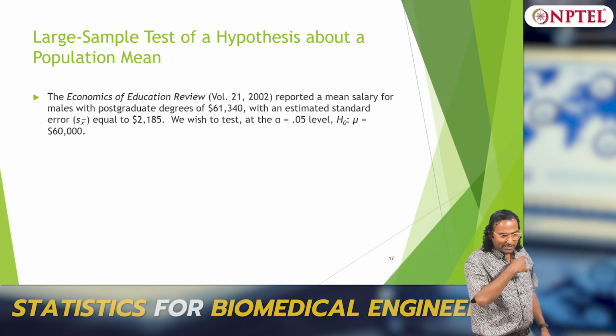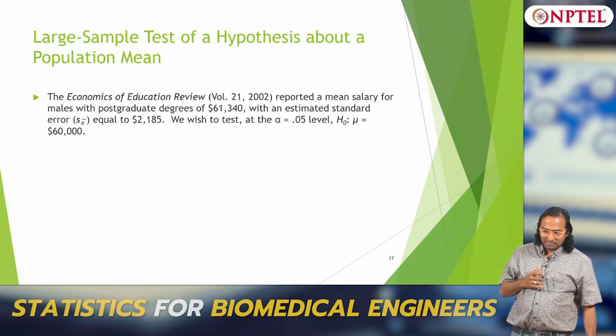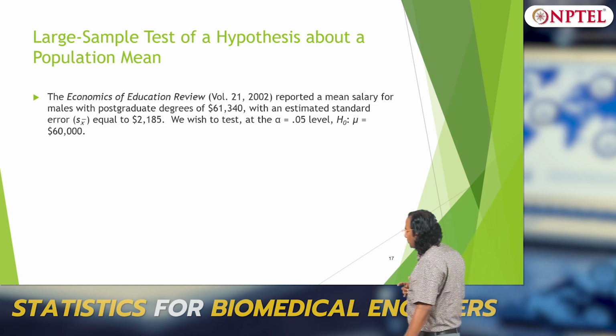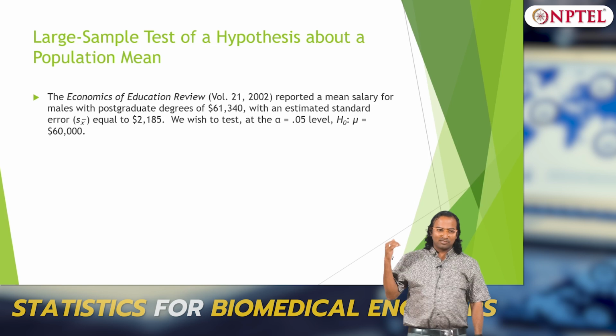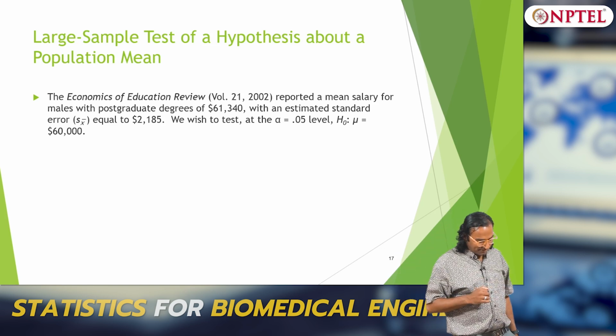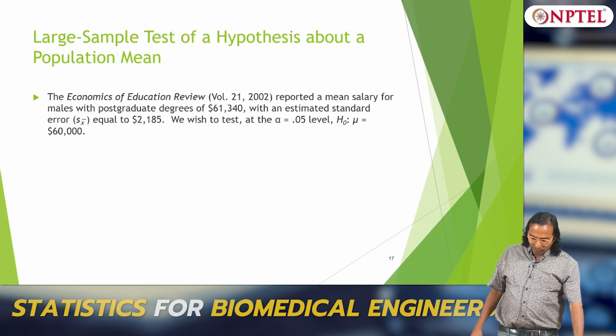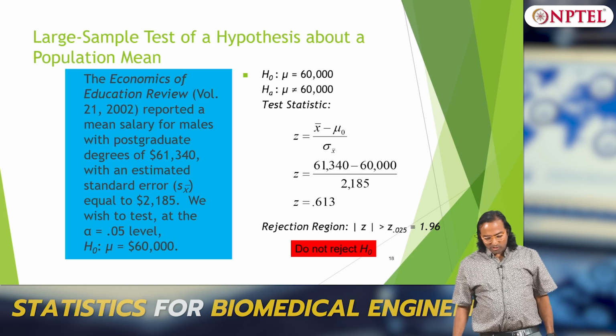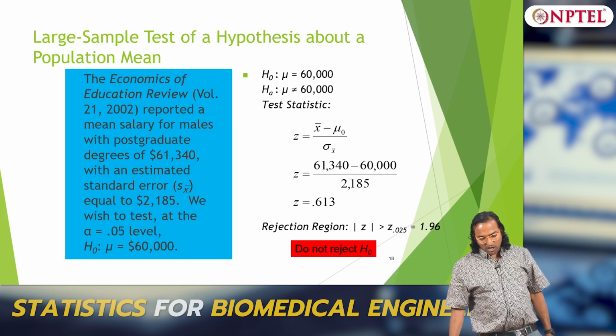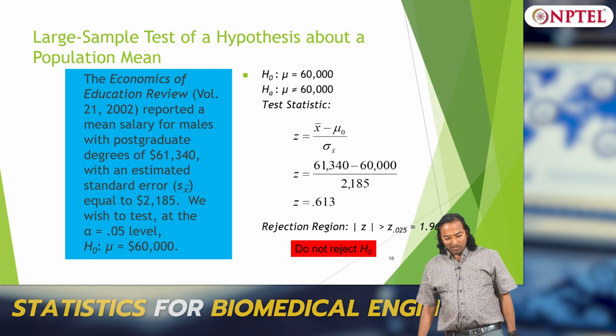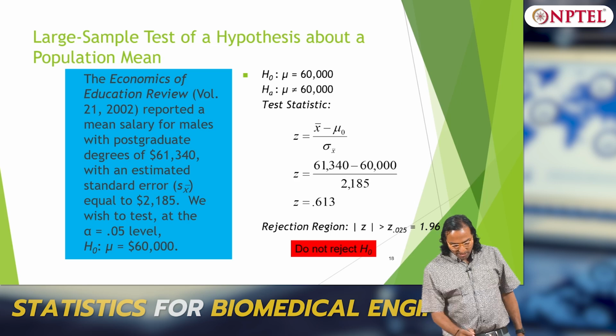Everyone, shall we try this? You have your mobile anyway, you can use it as a calculator for some time. This is pretty straightforward. Mu naught is 60,000, the alternative is mu not equal to 60,000.